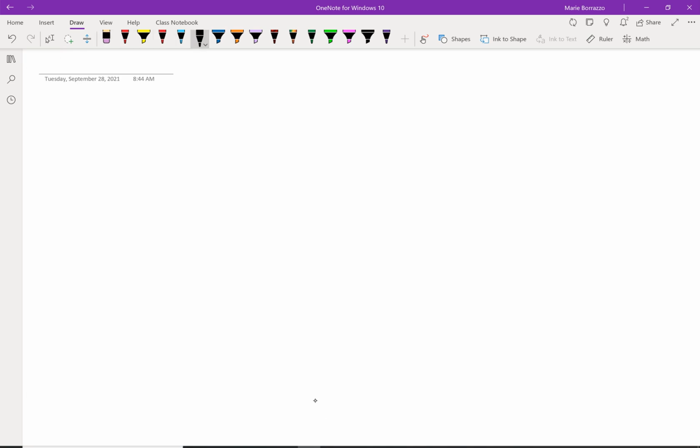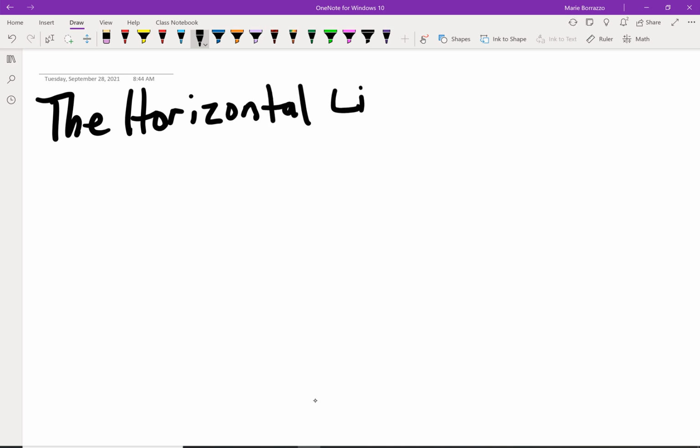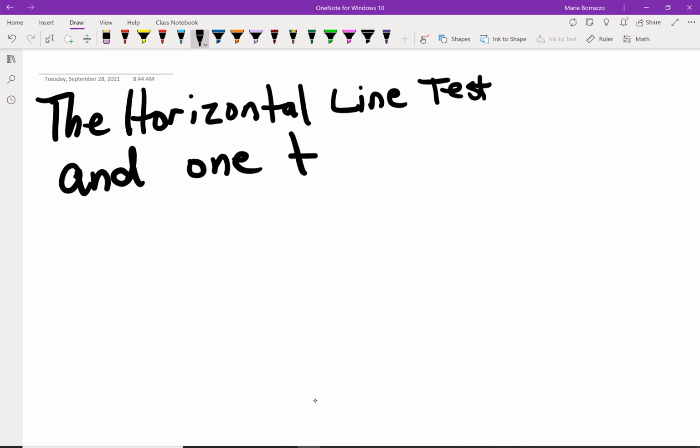Okay, so we're talking about the horizontal line test and one-to-one functions. I have briefly talked to you guys about this when we talked about the vertical line test.